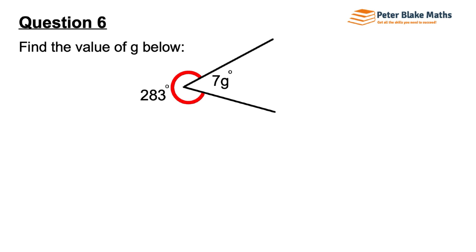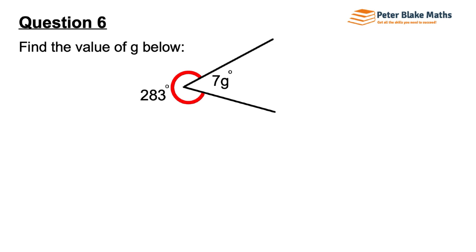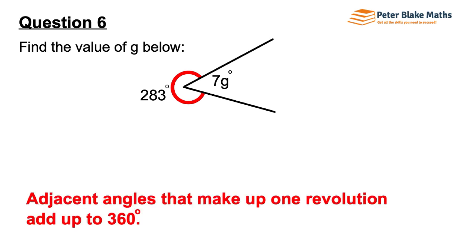Question 6. Find the value of g in the diagram below. So the 7g and the 283 certainly makes up one full revolution. So adjacent angles that make up one revolution, they add up to 360 degrees.